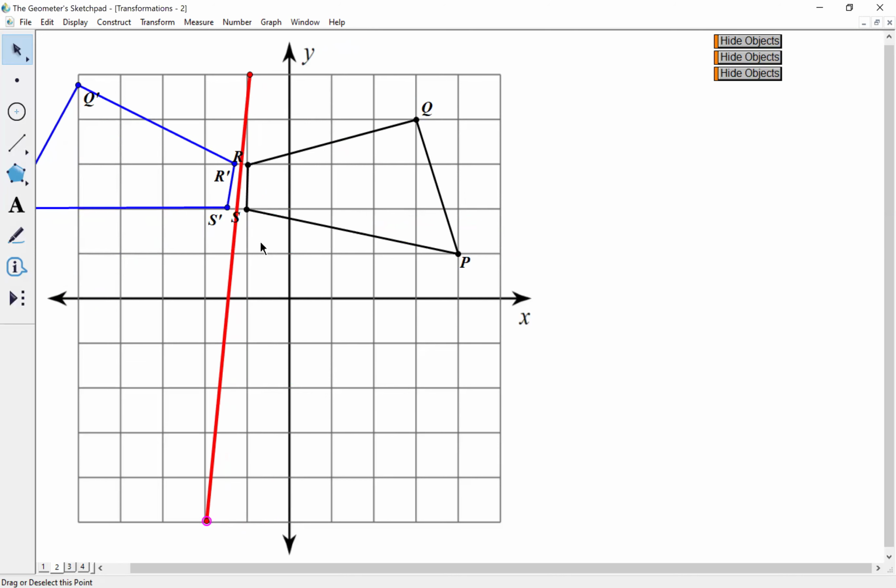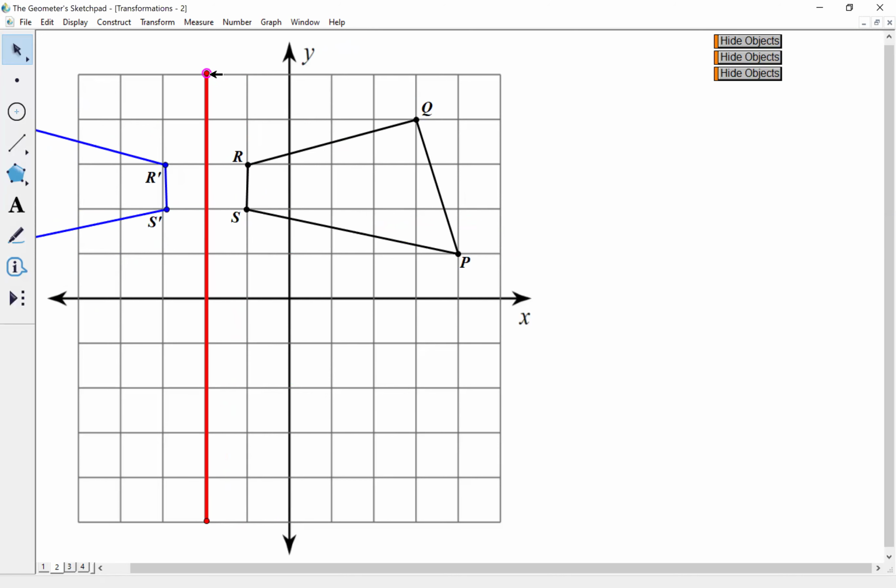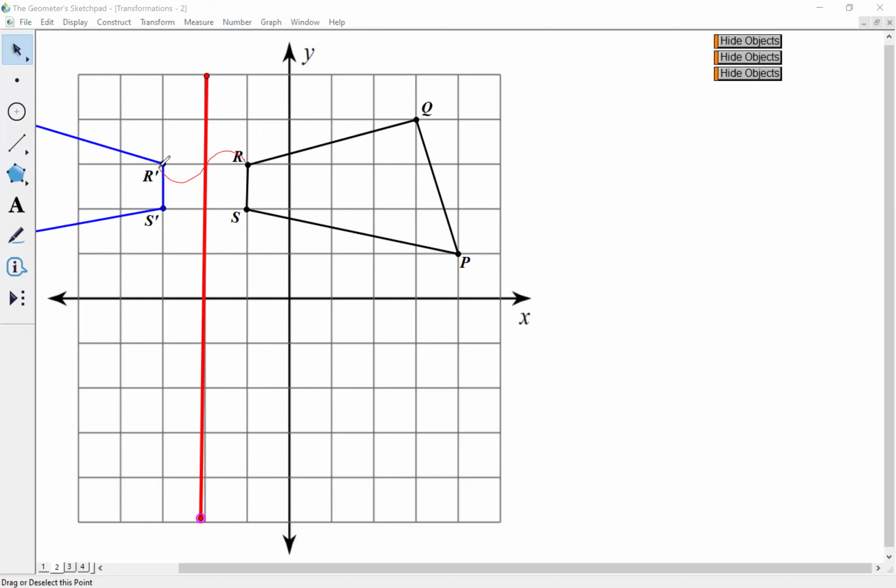Let me go to this line right here. The way I'm going to reflect is I'm going to count my spaces. Look, R is one space from the mirror line, so it's going to be one space on the other side.